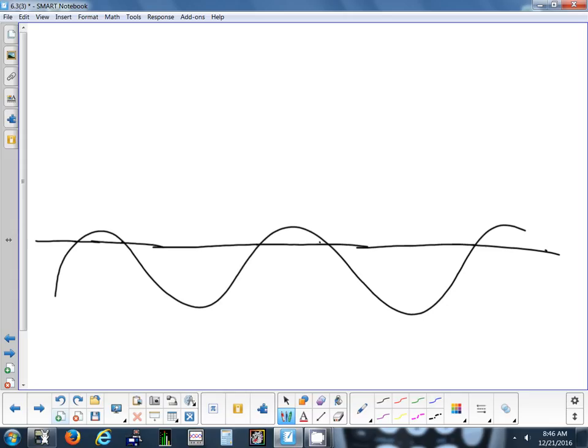Now, sometimes they'll ask you to find all of them, which obviously you can't write infinitely many, so there must be a pattern for how often the solutions are occurring, like this one and this one. They're occurring at regular intervals. So there's a way to express how often this is happening. In general, once every period, whatever the period is.